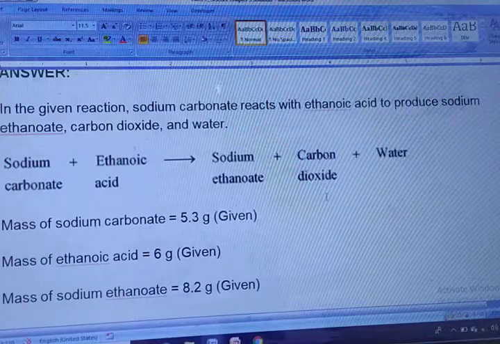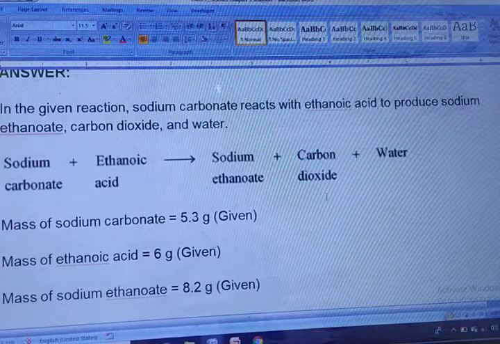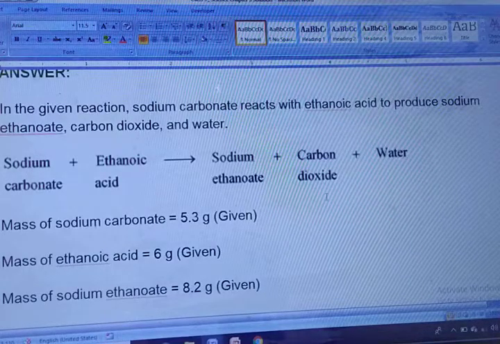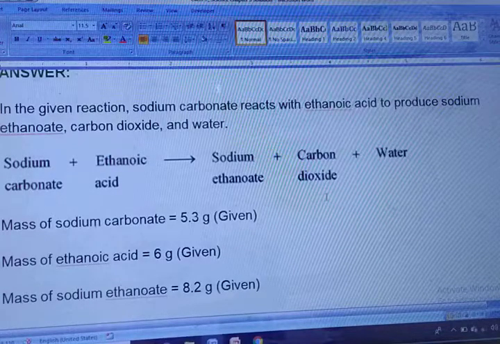You just have to write the chemical names, no need to write the chemical formula. Got it? After that, you have to write the mass of the reactant side and the mass of the product side.